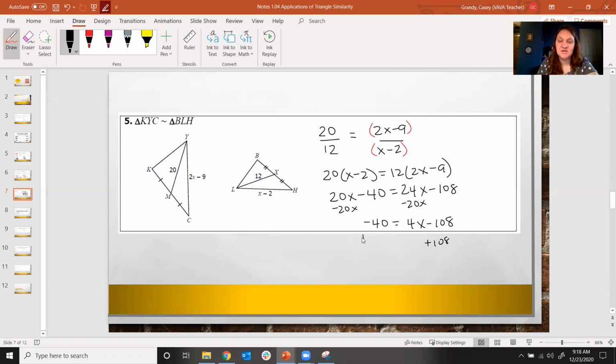Add 108 to both sides. We get 68 equals 4x. Divide by 4. So our final answer, x equals 17. And I could take that 17 and plug it back in and make sure that that fraction does indeed equal 20/12.